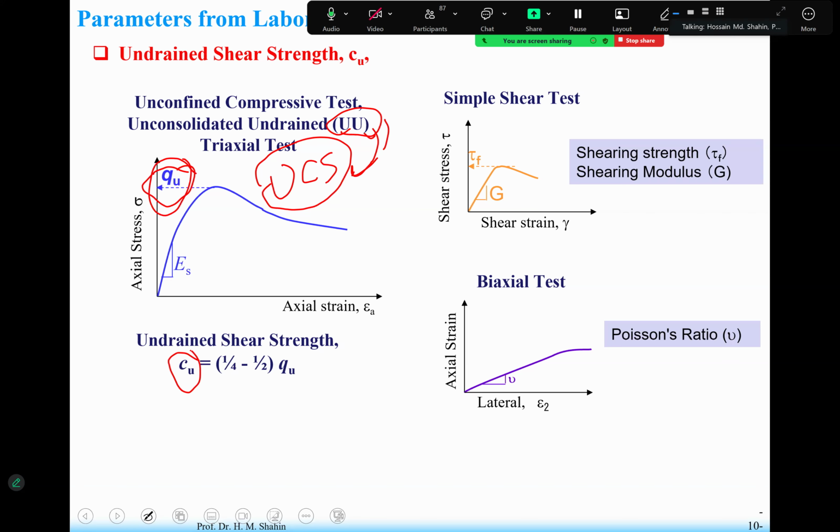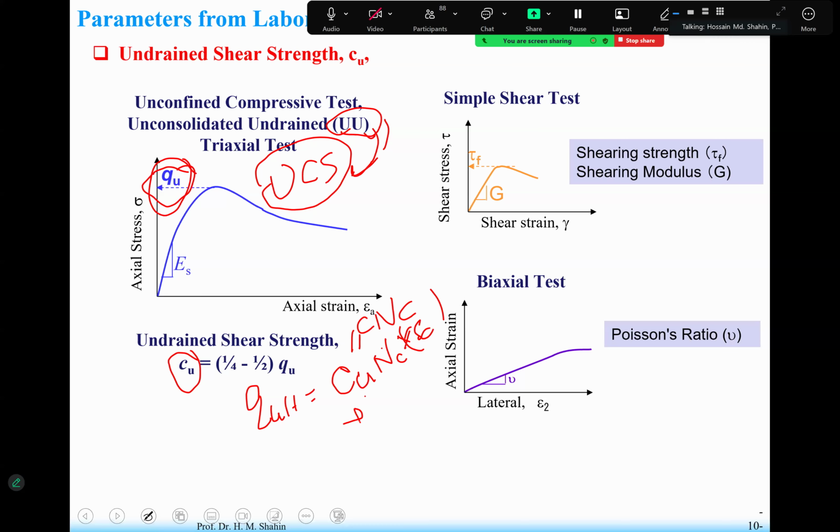We need CU. Say ultimate bearing capacity is equal to what we saw for clay type soil: C into N_C factor, into S_C and some factors, we know this.